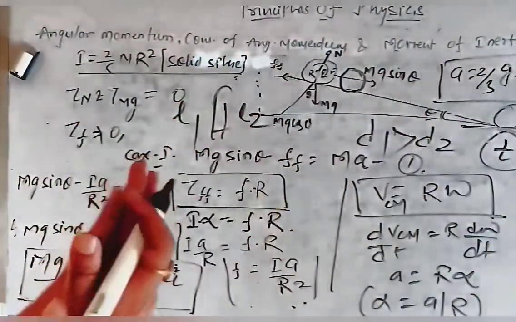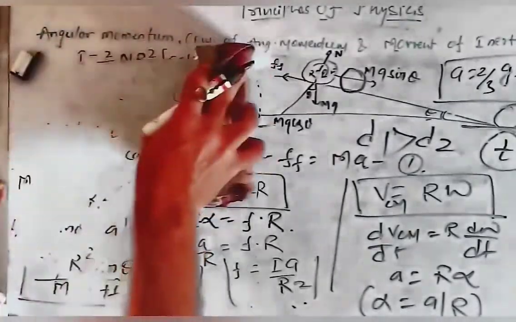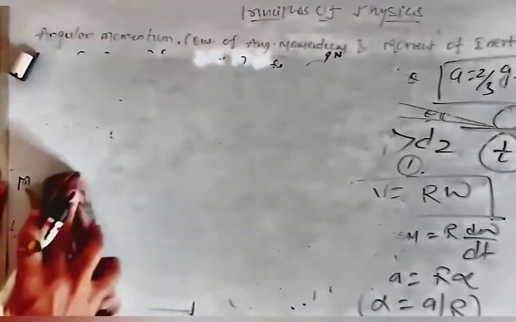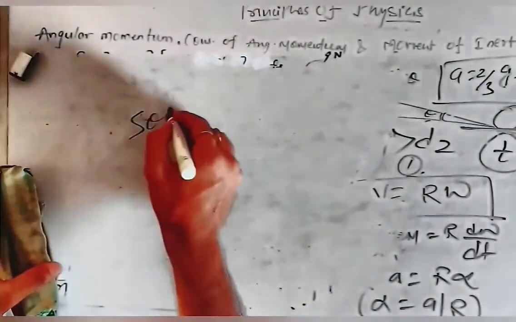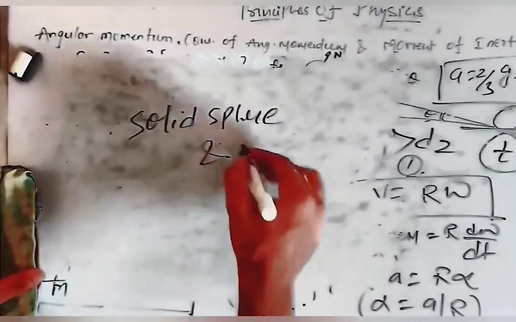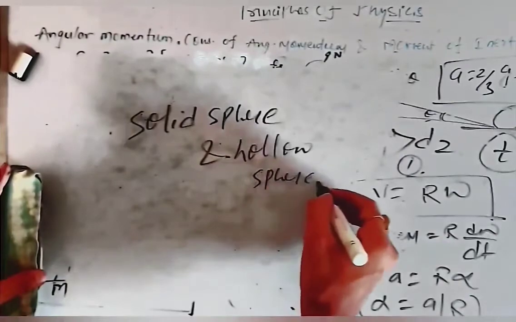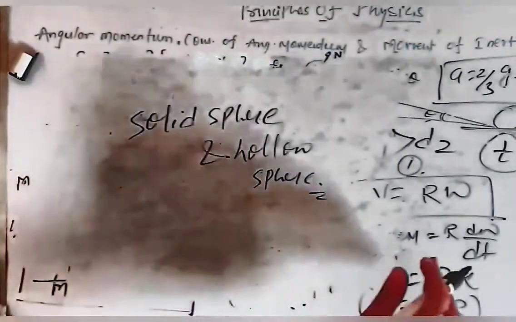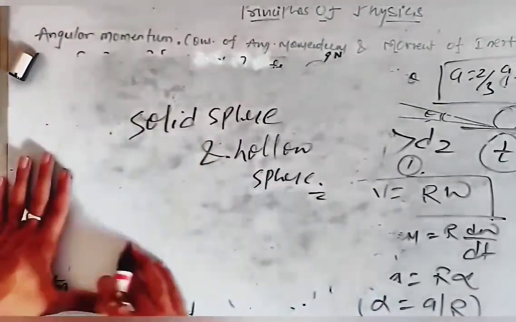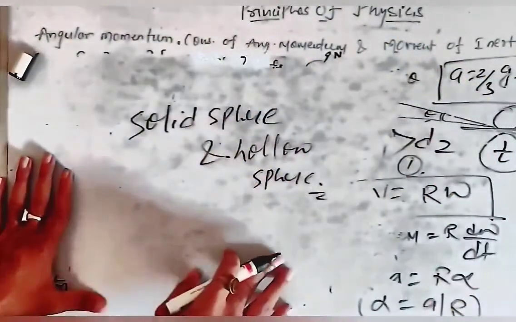Because in the same way, neither depends upon the radius and the length. But in the next case, if we take a solid sphere and a hollow sphere, then we can see the change in the timing at which the body reaches down.